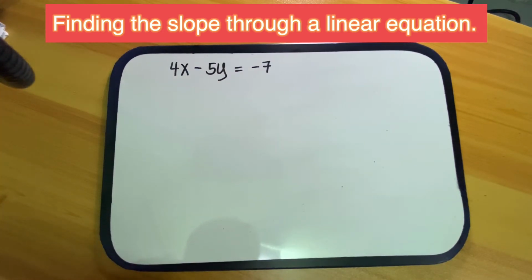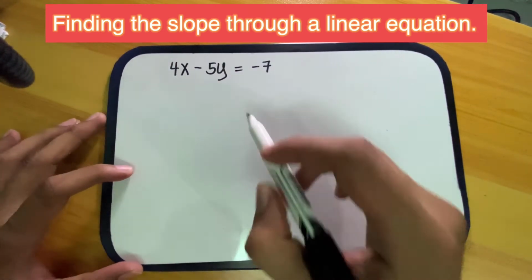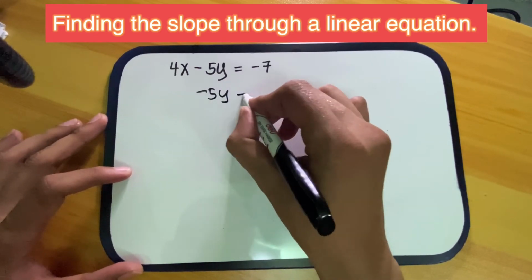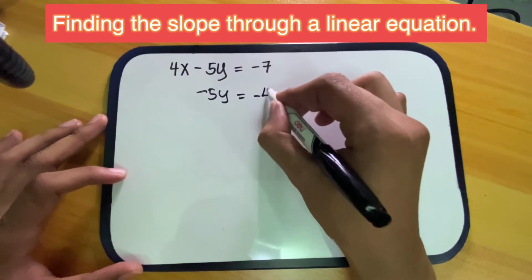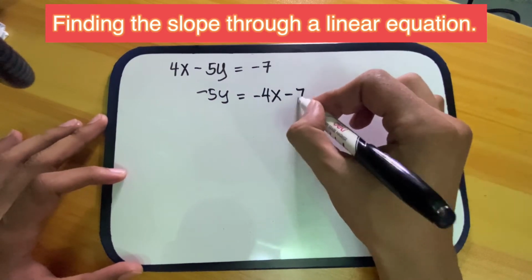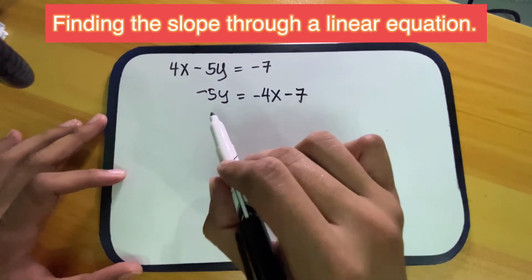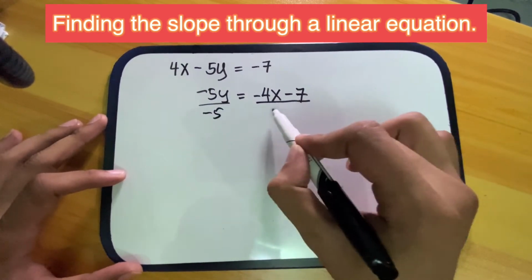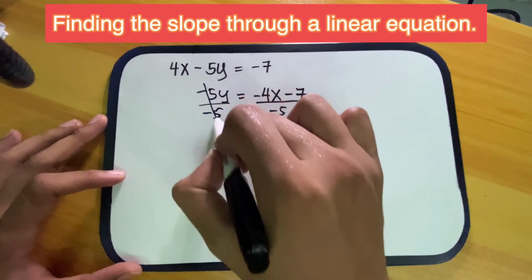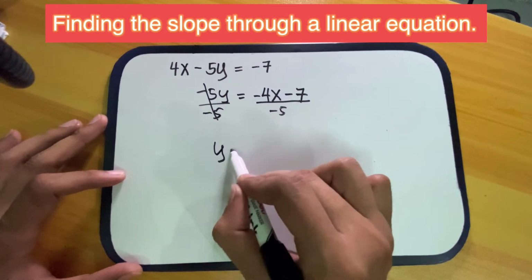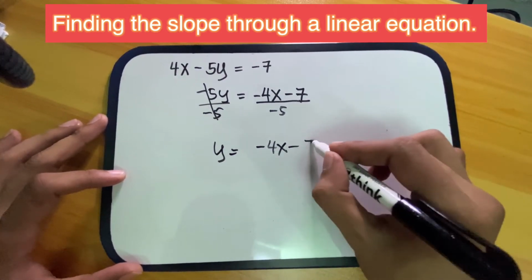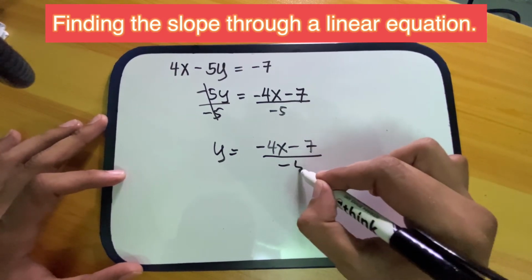Next: 4x minus 5y equals negative 7. Again, negative 5y is equal to negative 4x minus 7. Then divide both sides by negative 5. They cancel, and the remaining is y equals negative 4x minus 7 over negative 5.